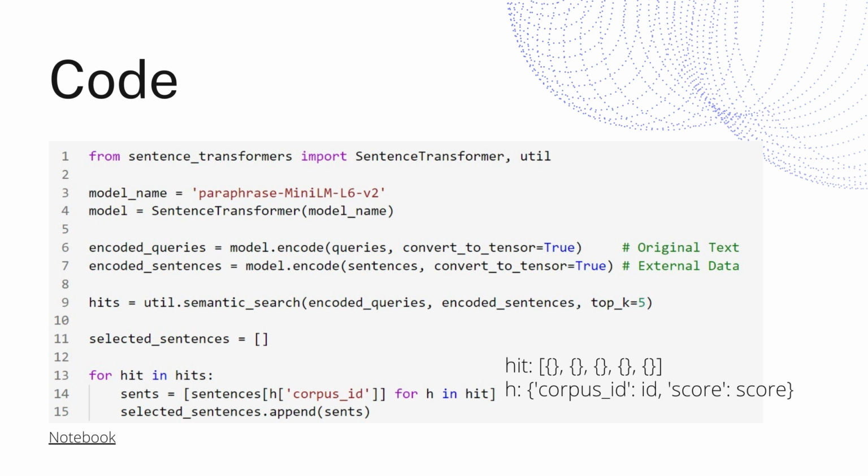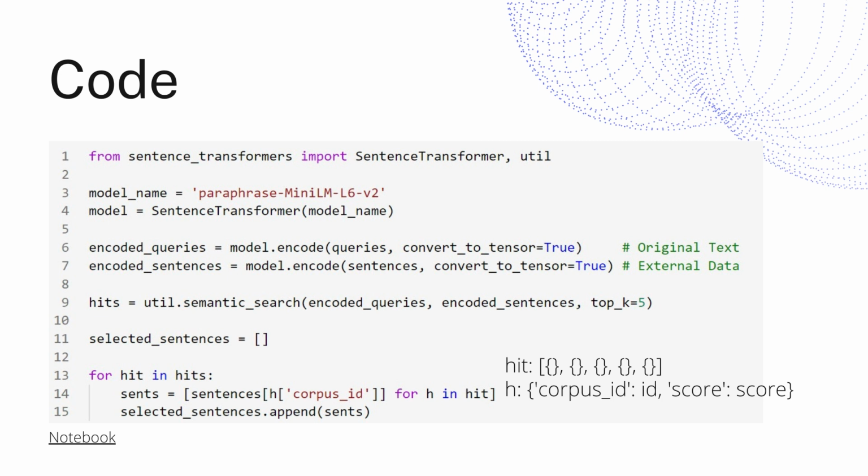Now we iterate over the hits list. So for hit in hits, this is the structure of a hit. On the right I've shown that a hit consists of 5 dictionaries. Each of these dictionaries has a corpus ID and a score. We don't really care about the score, we just care about the corpus ID. This corpus ID is basically the index of the sentence that has been selected.